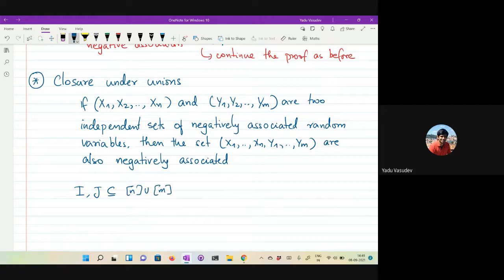Now what you want to say is that you can write I as I1 union I2, where I1 is a subset of these xi's and I2 is a subset of the yi's, right, the corresponding indices. Similarly, j.